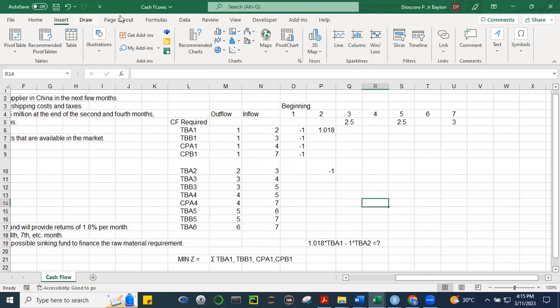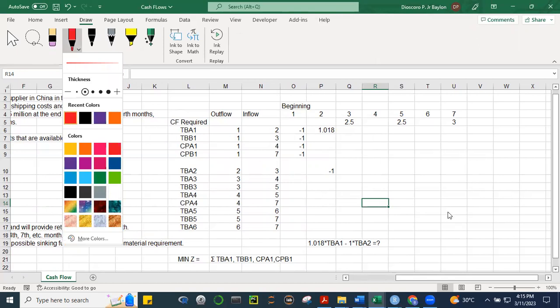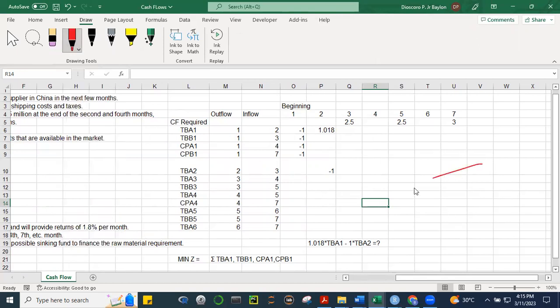All right, let me draw the answer. The answer is equal to, there's the answer. Why, class? What's the answer?